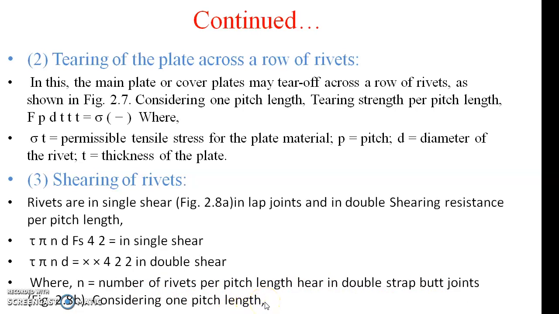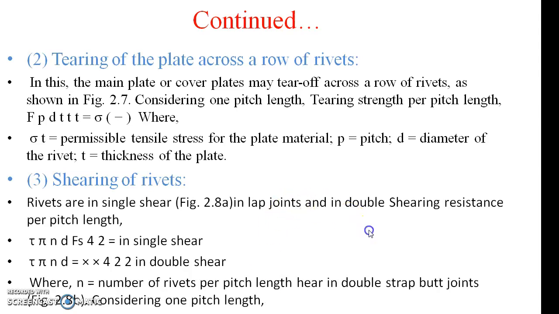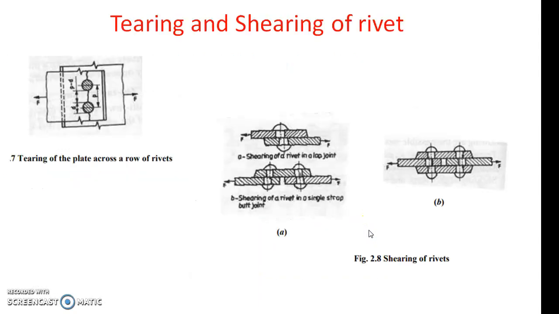So here this is the tearing of the plate across the row of rivets, and these are the shearing of the rivets. See, those are the diagrams of tearing of the plate and shearing of the rivet.